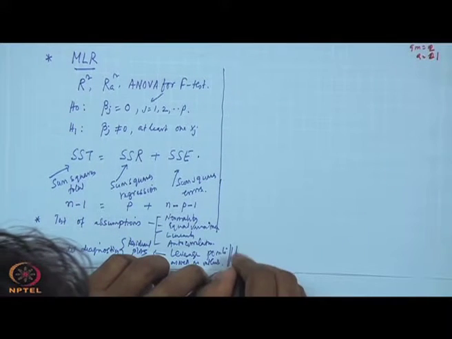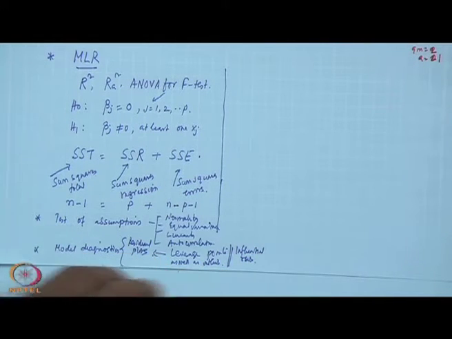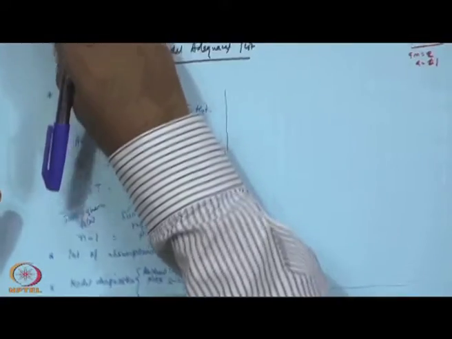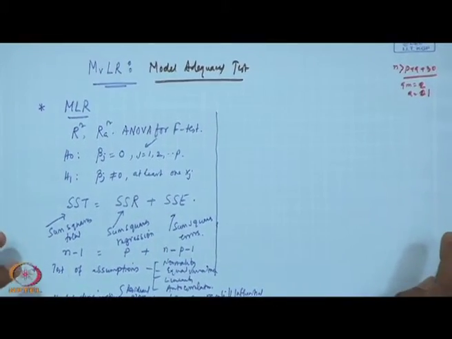Ultimately we say these are all influential observations. So, can all those things not be done in MVLR? You are getting me? It is possible, and most of the times the software will give you the outputs.